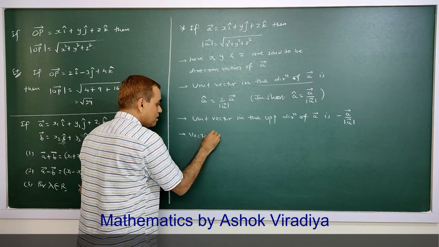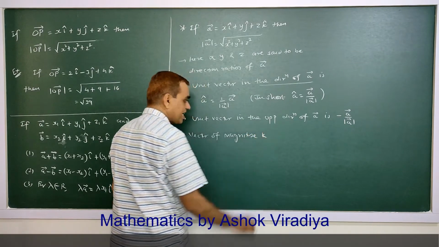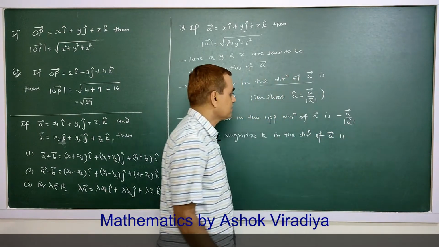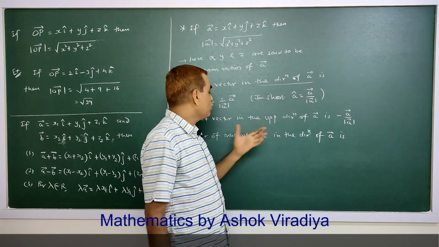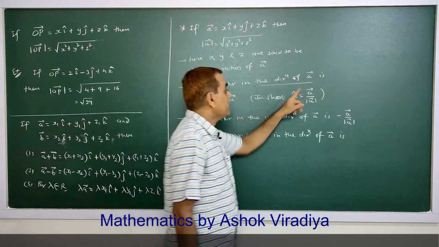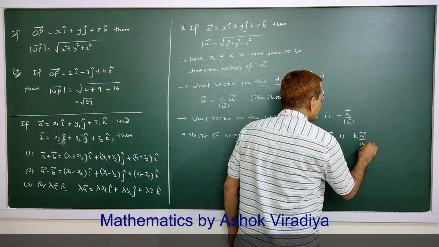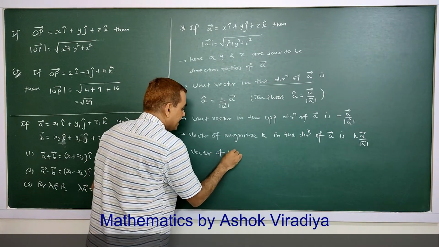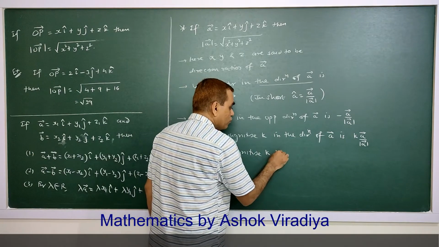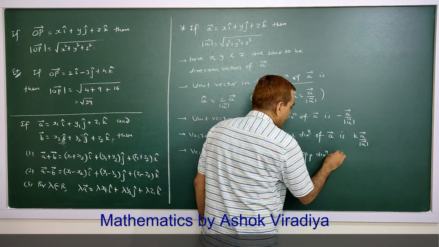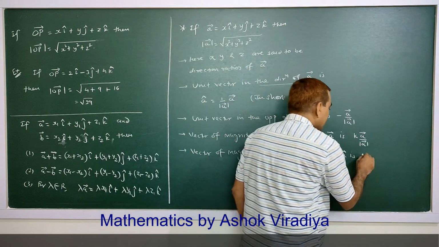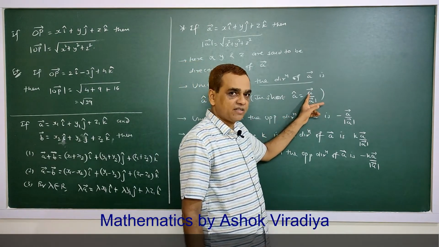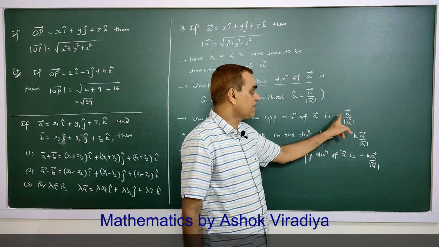Vector of magnitude K in the direction of vector A. This is the unit vector in the direction of vector A. Now in the direction of vector A, we need a vector of magnitude K, so multiply this by K. So K times A upon magnitude A. And a vector of magnitude K in the opposite direction of A is minus K times A upon magnitude A. If you change sign, it remains unit, but the direction is opposite.